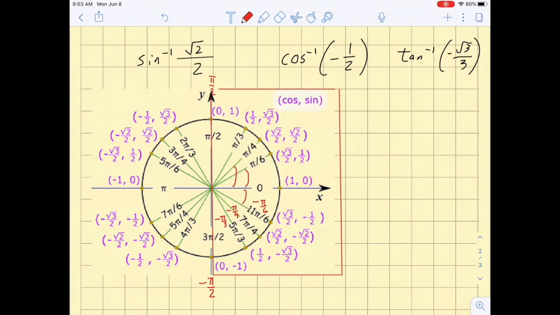So you get the idea. So now that I have that, where would sine be equal to root 2 over 2? And that's here. Now it's not here because this is negative, and the negative is not part of what I have. So pi over 4 is the only answer that falls into the appropriate domain.